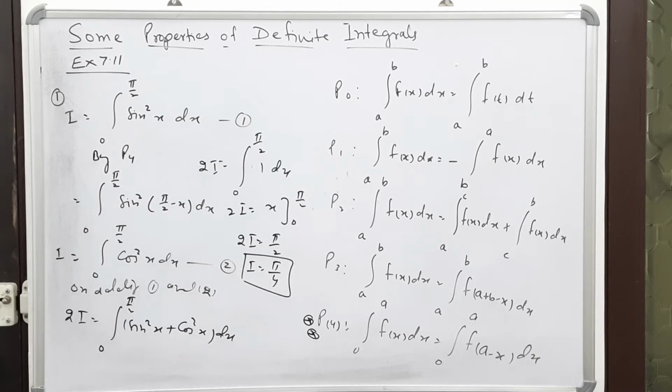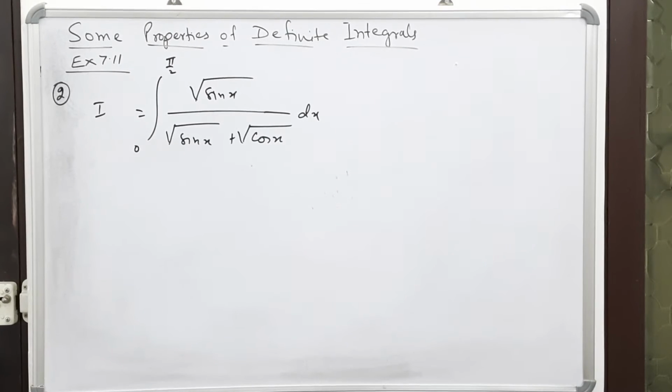I am taking the next problem now. You see the second problem. Here it is 0 to pi by 2.